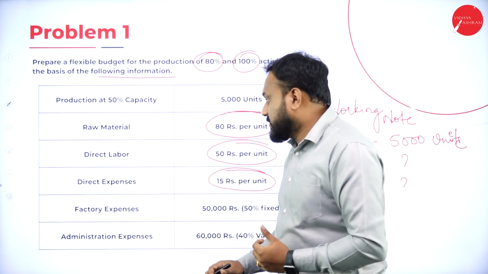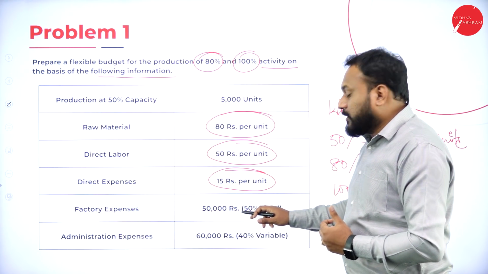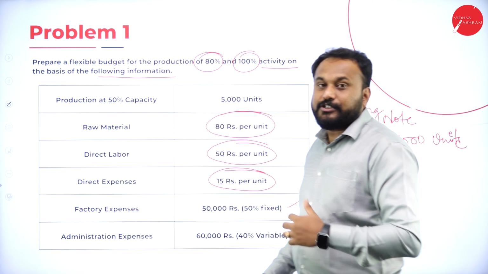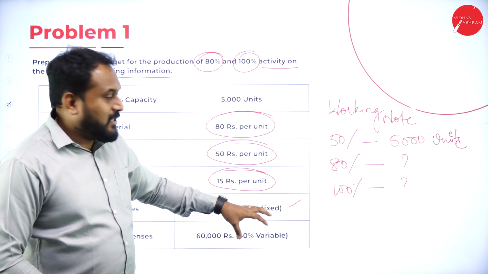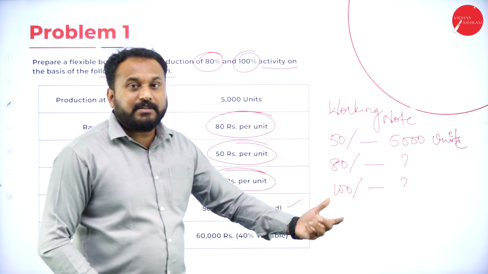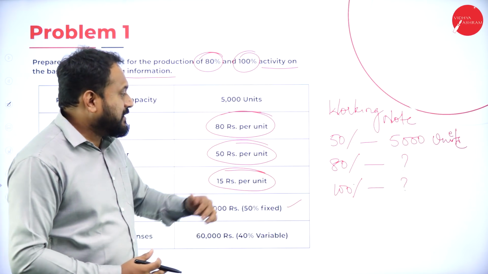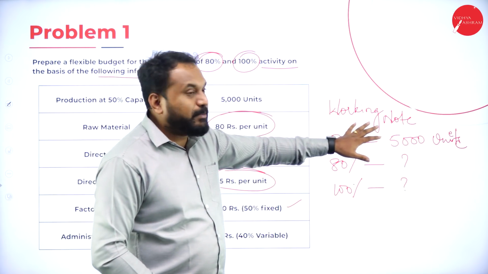Next, the factory expenses. They have given 50,000 rupees, but in brackets, 50% fixed. Now you should tell me, students, if 50% is fixed, where is the other 50%? That other 50% is variable. So you should just write it down. When you are going through the question, the working note should be with you.